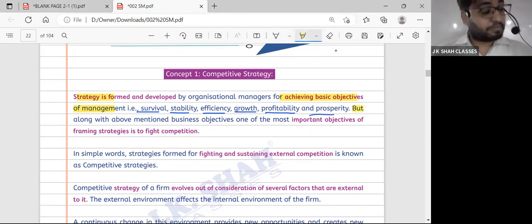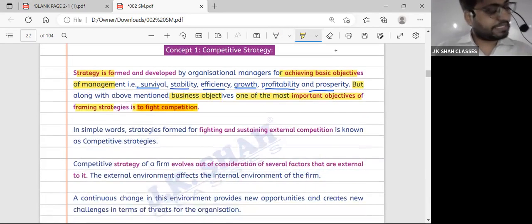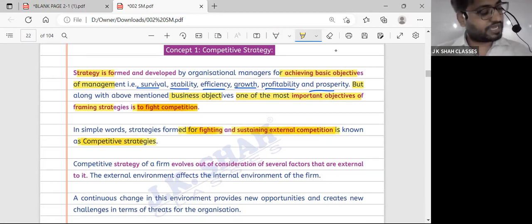But among business objectives, one of the most important is to frame strategies to handle competition, because you will not be the only player selling the goods. There will be other competitors. In simple words, strategies which is formed for fighting and sustaining the competition is called as competitive strategy.